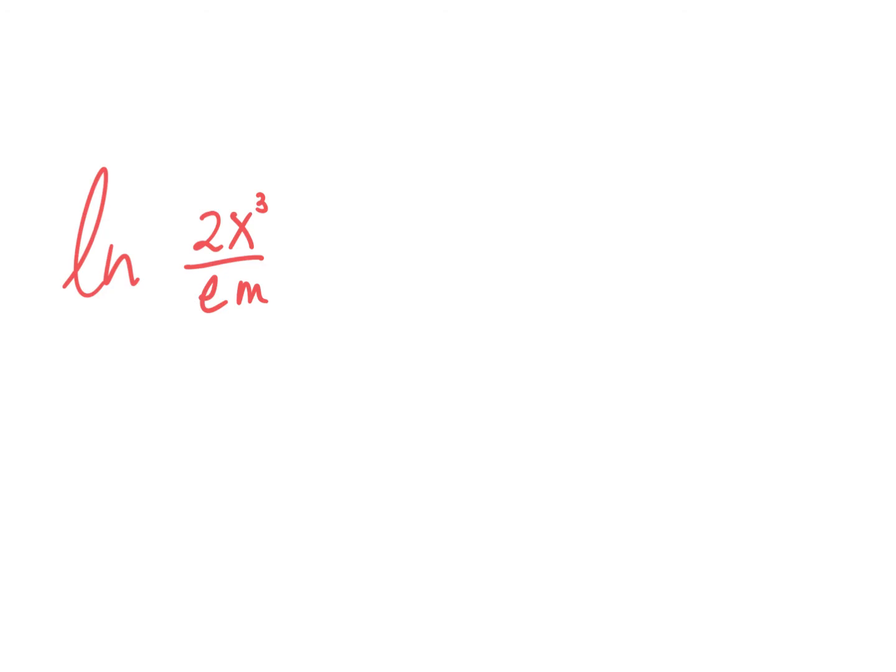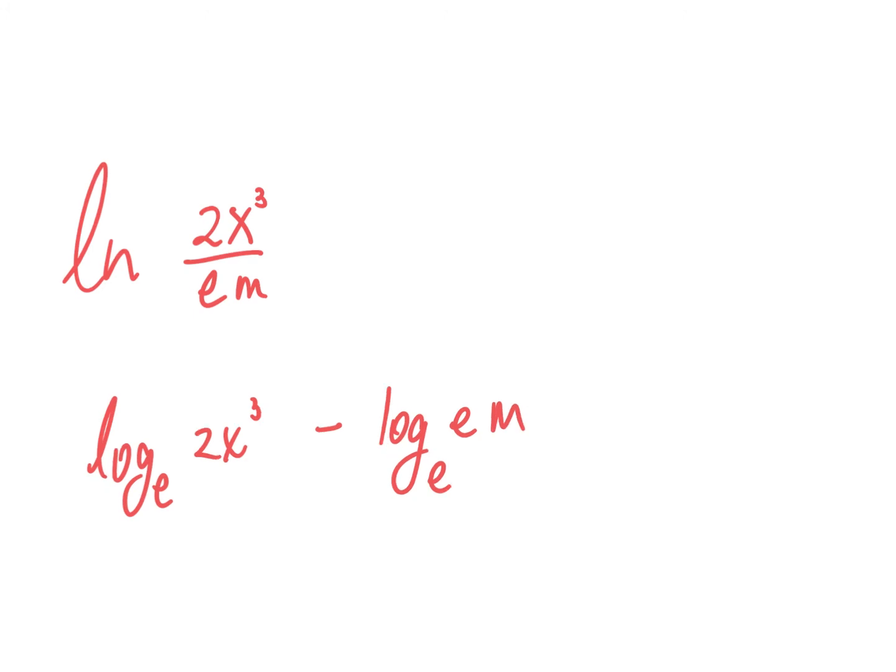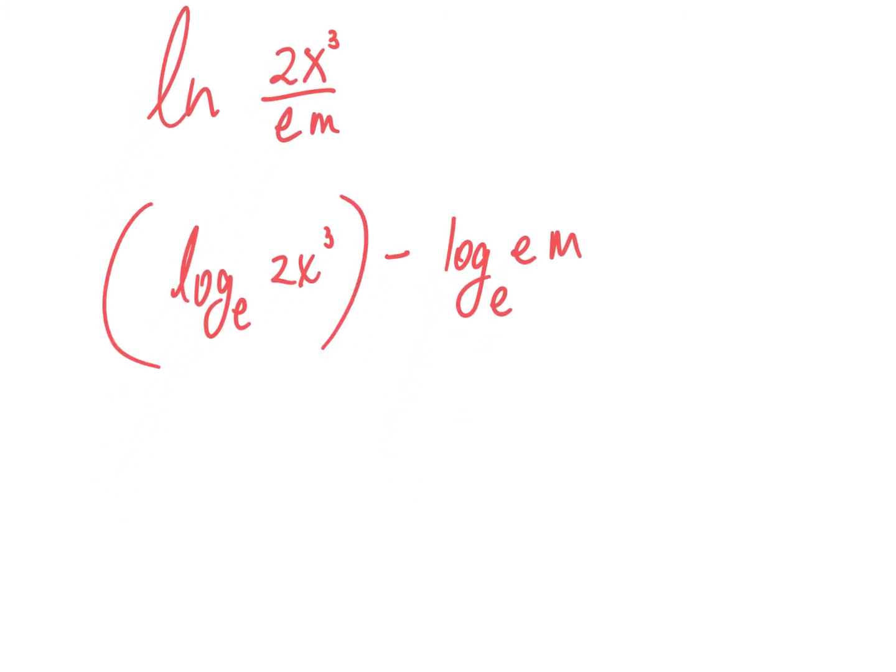So here's what you should have done. You should have said log base e of 2x to the third minus log base e of e m. And then you should have realized that that one can break up, and so can that one.